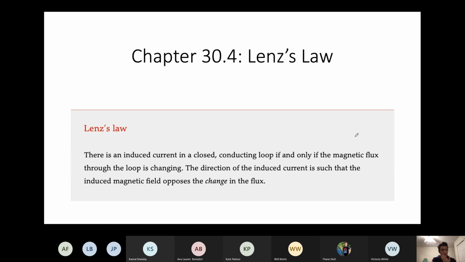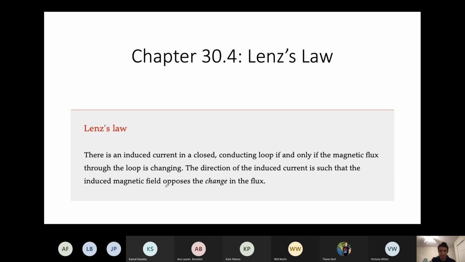Okay, so then we jump to Lenz's law. Basically what it says is, there's an induced current in a closed conducting loop if and only if the magnetic flux through the loop is changing. The direction of the induced current is such that the induced magnetic field opposes the change in flux.